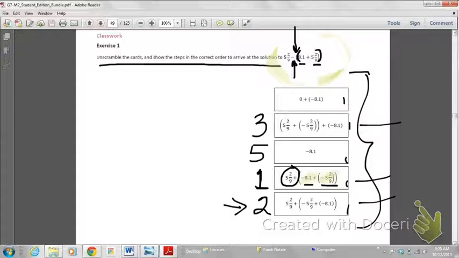They've moved negative 5 2/9, that's in the parentheses, to the front, and put the negative 8.1 behind it, just so you can see these two together. So they've used the commutative property, moving the order around with addition. Again, we are talking about addition. The commutative property applies to both addition and multiplication, not to subtraction nor division, because they're very different. So they've reordered things in number 2.